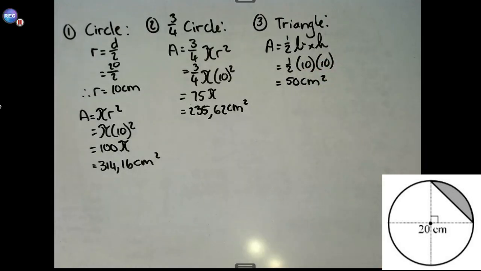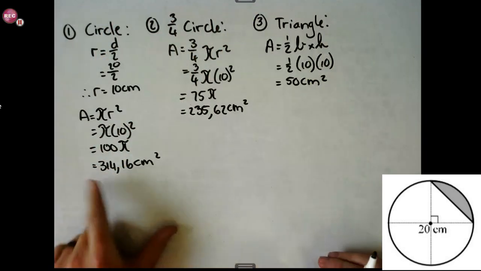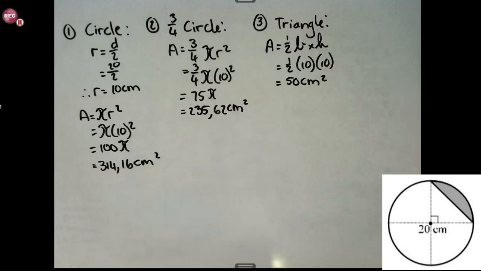Now, if we take the 3/4 circle as well as the triangle and we subtract it from the full circle, you should get your shaded area.